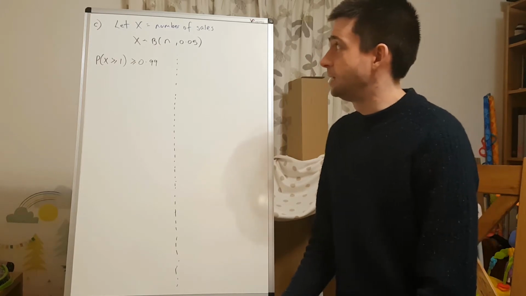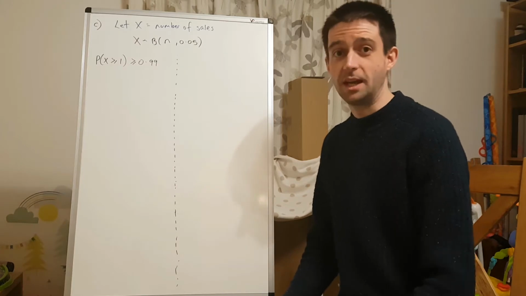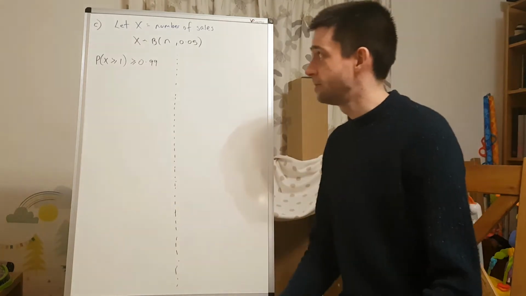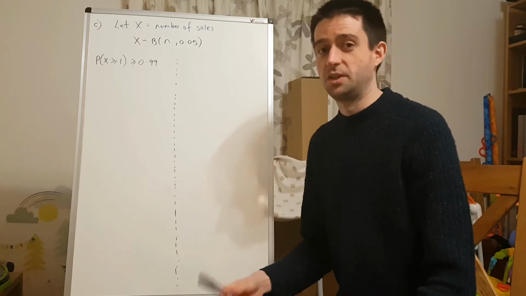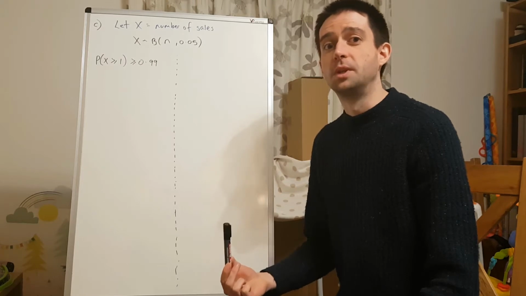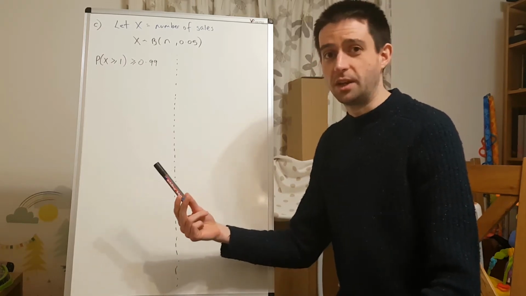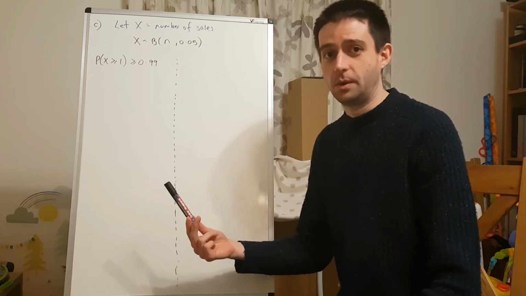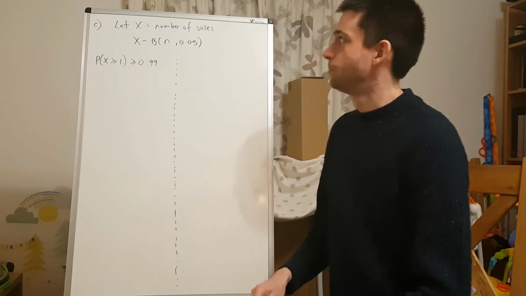What we have here is a car salesman who has a probability of making a sale of 0.05. They are expected to make at least one sale a day. The question we're asking is, how many customers would they have to see? So the probability of them making at least one sale has to exceed 0.99.